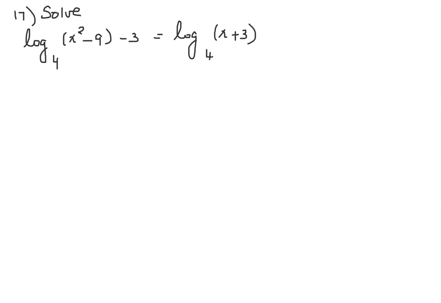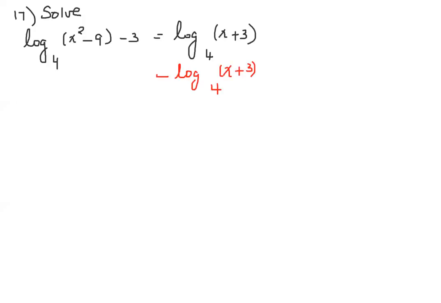So first you have to group all the log to one side and then move the 3 to the other side. So I'm going to first subtract log x plus 3 here to the other side on both sides.